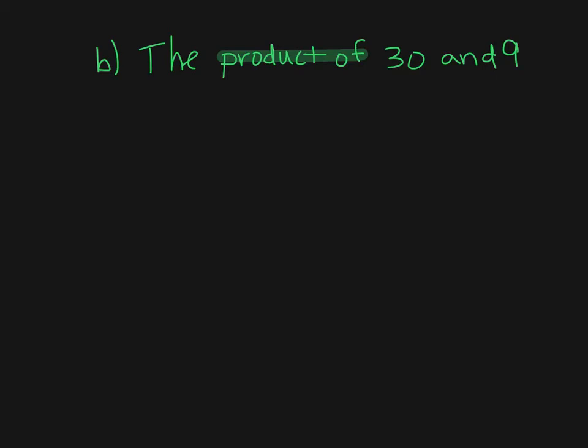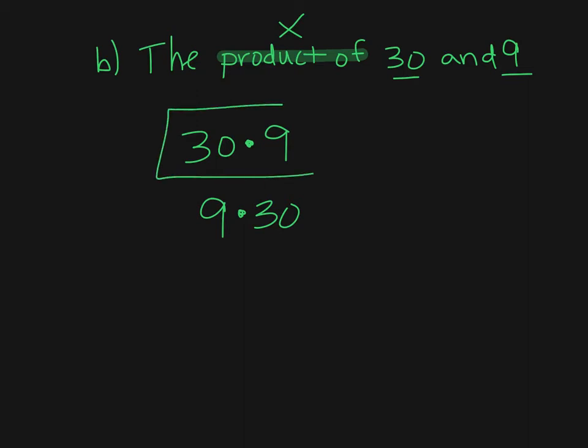Because a product means multiplication, we would just have 30 times 9. Could you have 9 times 30? Sure. You're going to get the same exact outcome, but just remember, it's listed this way, so 30 and 9. So just do it this way, and this would be your completed answer.